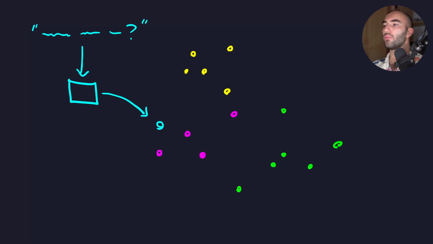Now, when you look at this, it's very clear to us that the purple, pink, whatever that is, is the closest group of vectors within this 2D space.